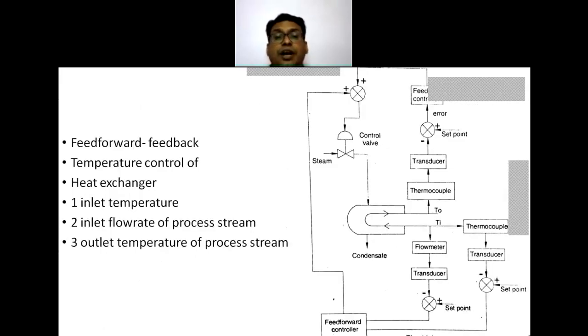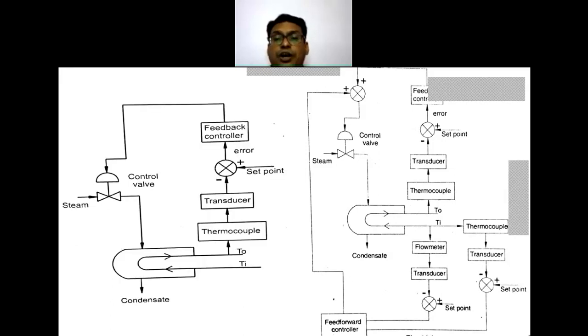The next is the case of a heat exchanger. In case of a heat exchanger, we are having a feedback system, where the outlet temperature is measured with the help of a thermocouple, then transducer, then comparator, then feedback controller, which gives the signal to a control valve.